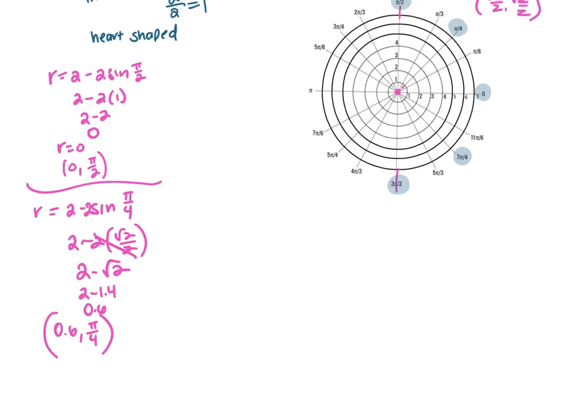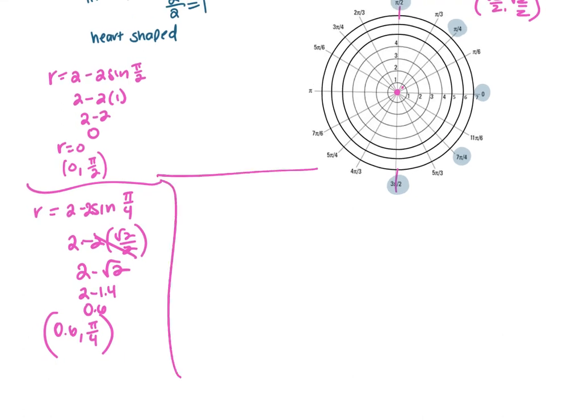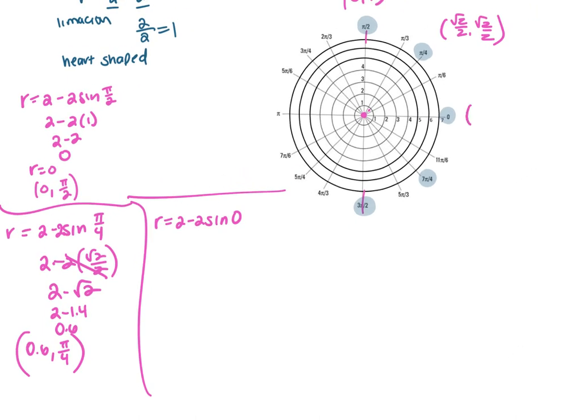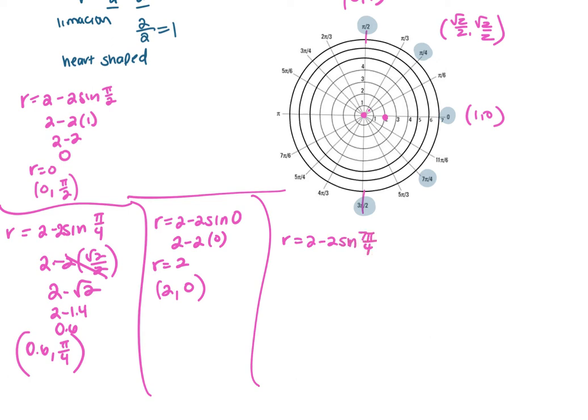Then I would do 0. So r equals 2 minus 2 sine 0. The coordinate point at 0 is 1, 0, which means sine is 0. And r is 2 there. 2, 0. So now I know where my r is. And then I'm going to plug in 7 pi over 4. So r equals 2 minus 2 sine 7 pi over 4. The coordinate point there is root 2 over 2 and negative root 2 over 2.